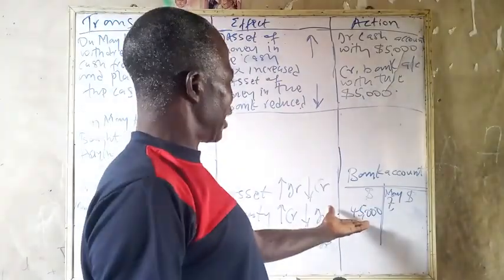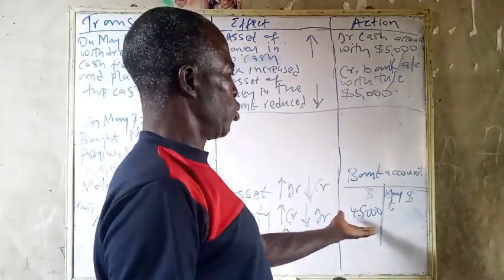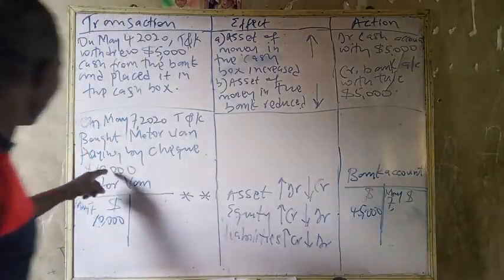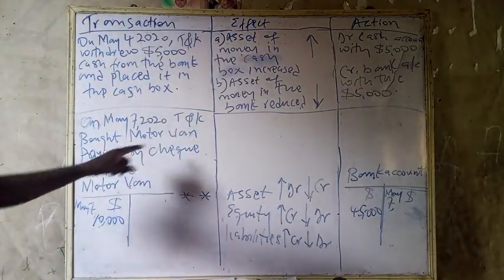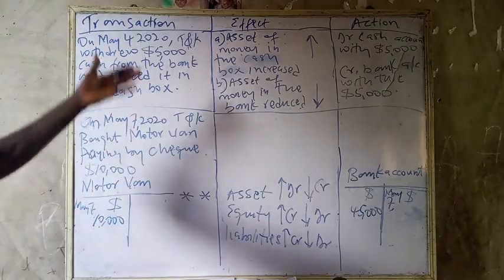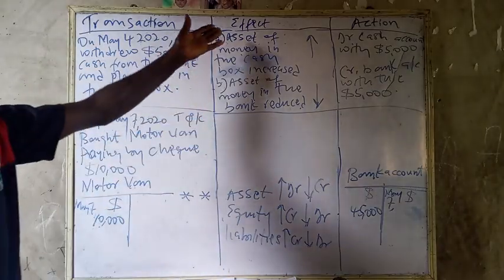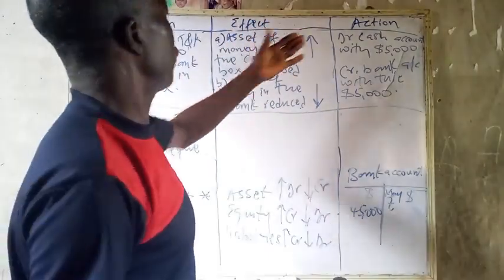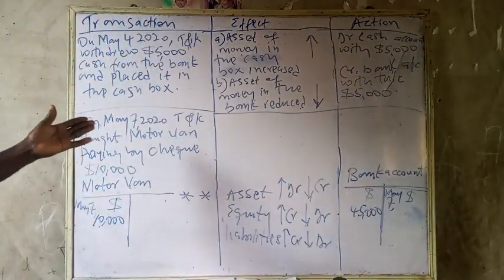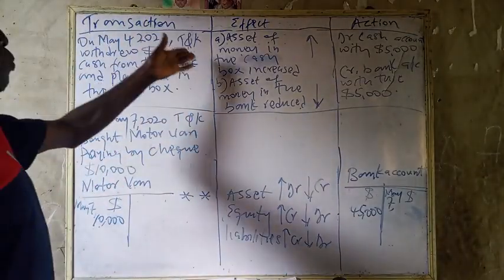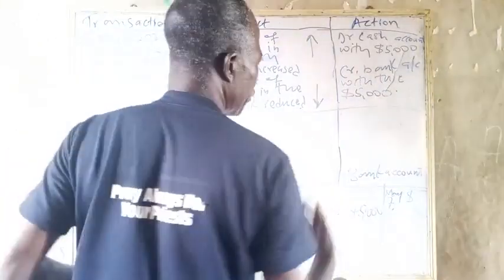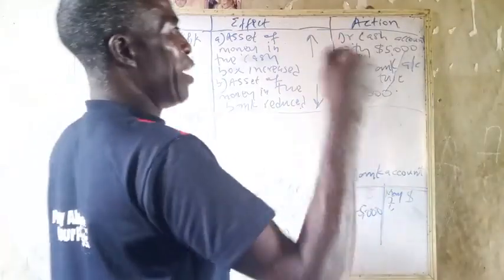Then when this asset of money in the bank reduces, what do you do? You bought a motor van, paying by check, 10,000. The money is still coming from the money in the bank. You had 50,000 there before. You withdrew cash of 5,000 from the bank. So the money reduced to 45.